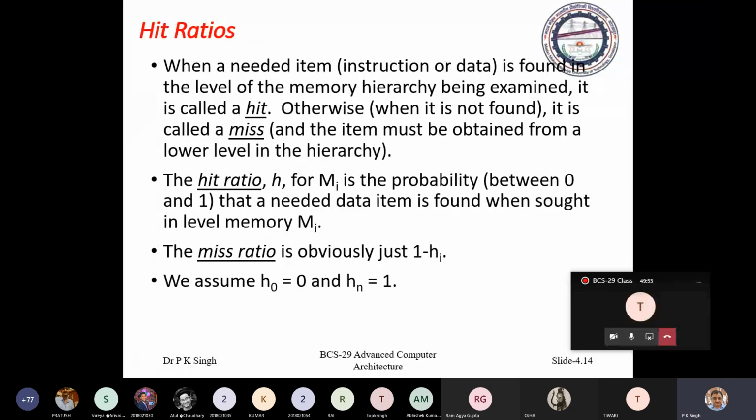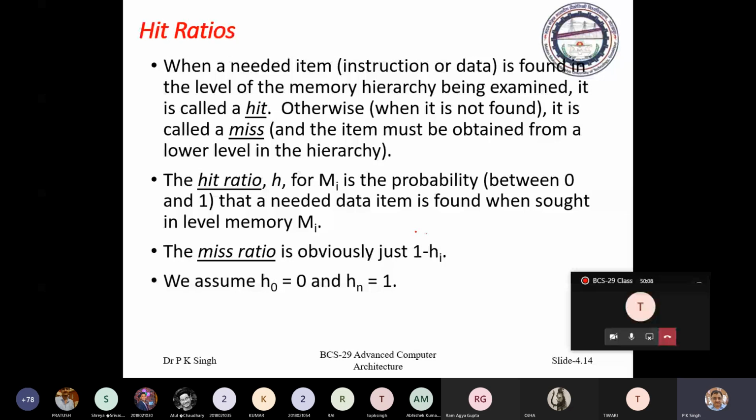Now see, another parameter to be considered is hit ratio. Hit ratio means, first see what a hit is. If a processor generates an address for level L1 and that address information is available at L1, then that is called a hit.